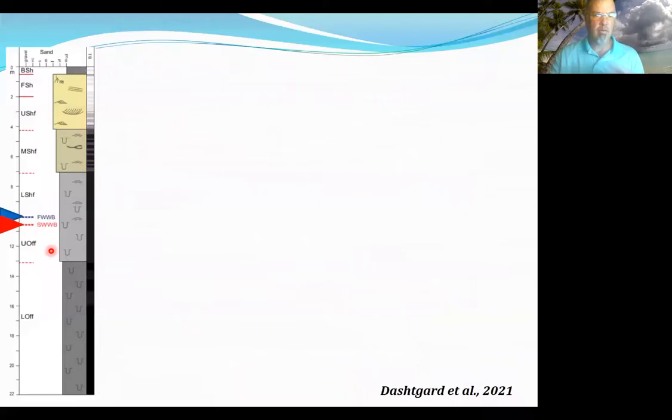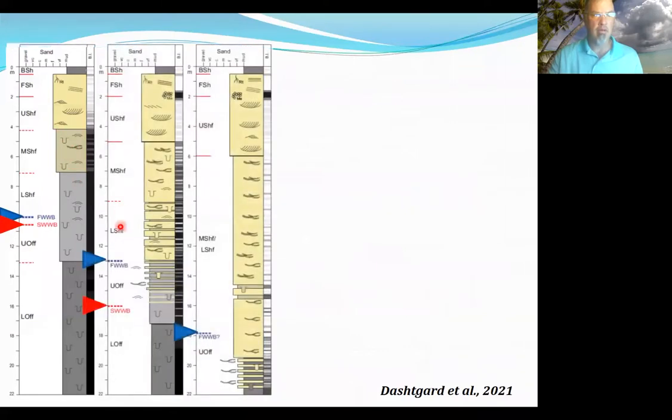Now, going back to Shaheen Dashgard's paper, great paper, he recognized that some of these shoreface successions are thin sands. Others have progressively thicker sands. He said this is clearly a reflection of wave base, fair weather and storm wave base increasing.